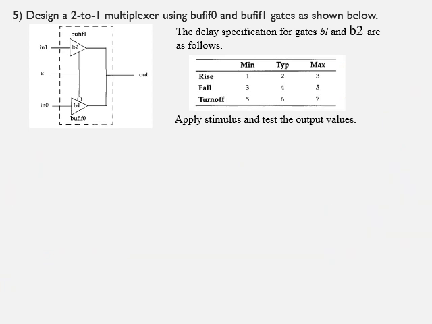Next is writing the stimulus block for the multiplexer. I will just redraw the multiplexer block diagram. Mux 2:1 is the module name. In1 and in0 are the two inputs. S is the select line and out is the output.